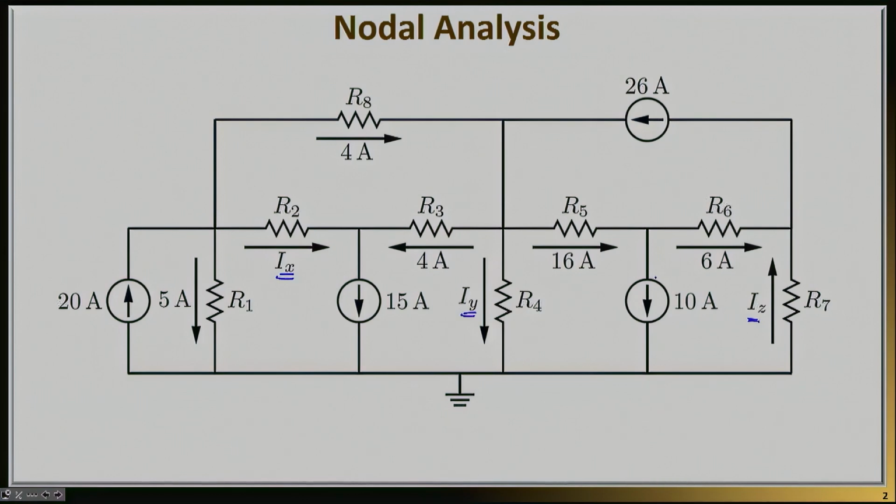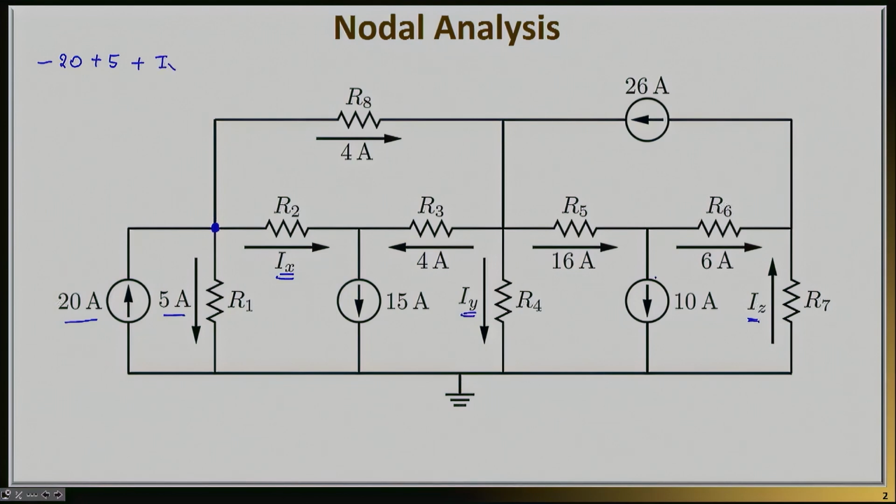For example, let's focus on the essential node right here that connects 4 branches. If I apply KCL in this branch, I will have that negative 20, which is coming from this current source right here. It's an incoming current, so I take it as negative. Plus 5, which is this current here that goes downwards.